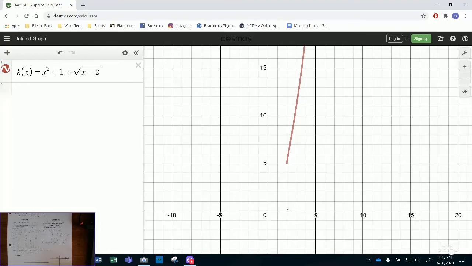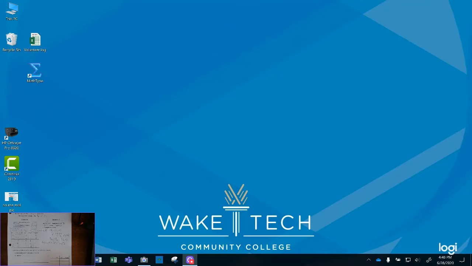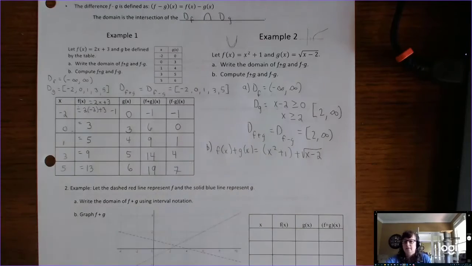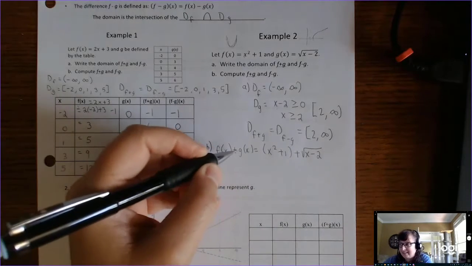But look at the domain. The domain is from bracket 2 to infinity. So that's what we thought. So you're done. This is it.